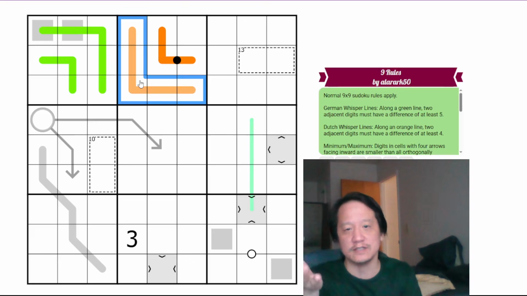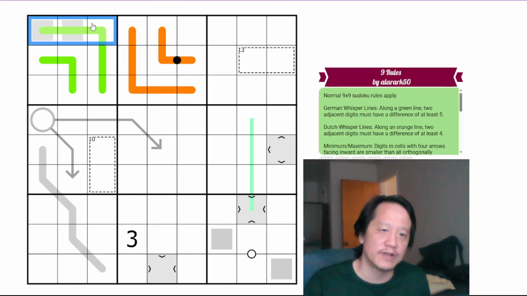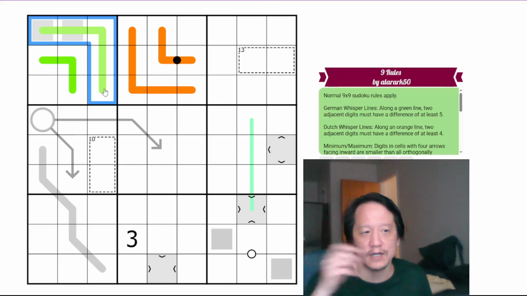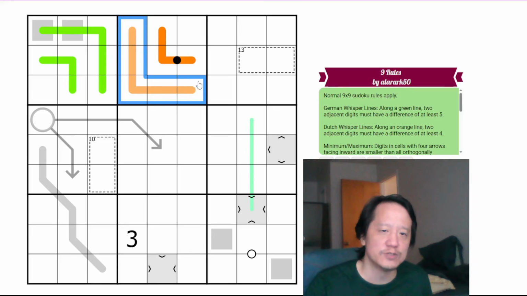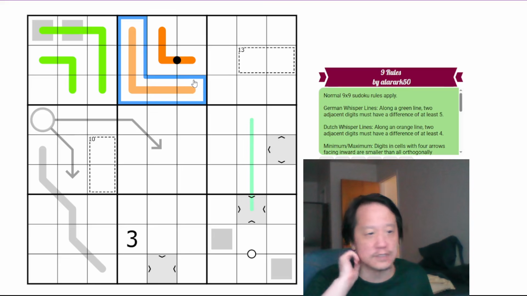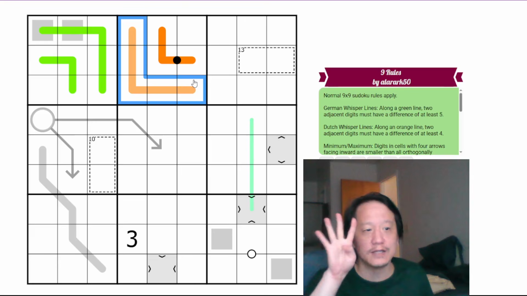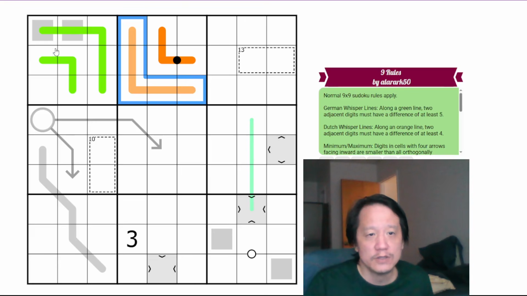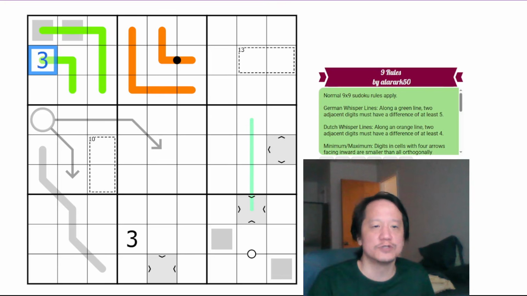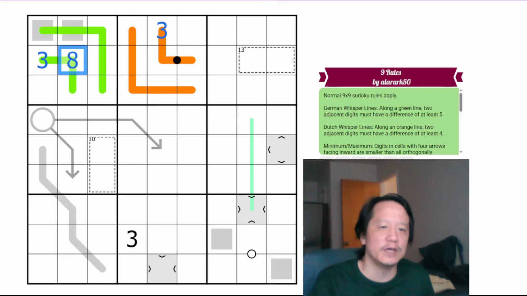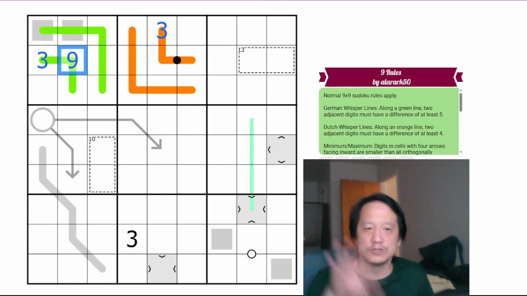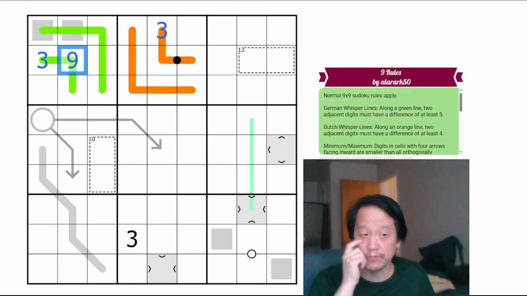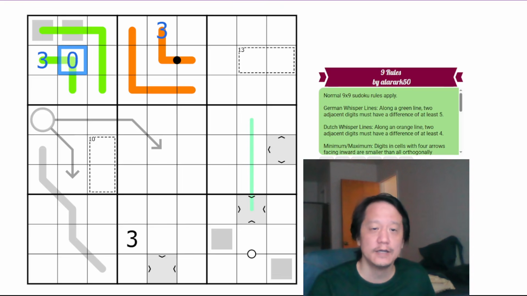It's very easily extendable. We have a whisper 5 line here, which means the difference between adjacent digits on the line must be at least 5. And we have whisper 4 lines here, which means the difference between adjacent digits on this line must be at least 4. As an example, if this digit were a 3, this digit here would have to be 8 or 9, because the only digits which are 5 or more away from 3 are 8 and 9.